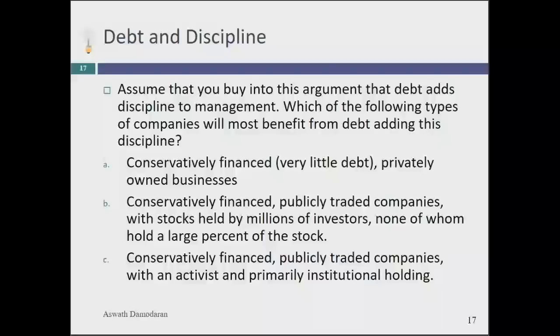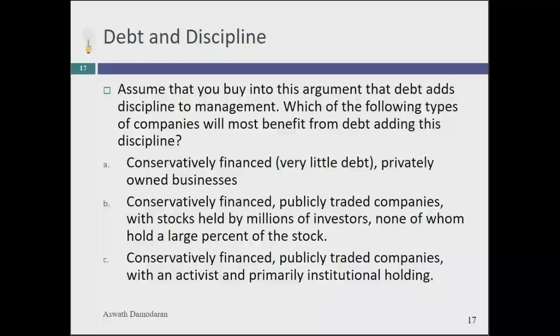So I'm going to present you with 3 groups of firms, and I'd like you to tell me which of these 3 groups of firms you think is the best candidate for debt, given what we just talked about. Forget about everything else. Given this discipline argument, which of these 3 groups is the best candidate for borrowing money? They're all conservatively financed, which means they're all pretty much equity funded. The first company is a privately owned company.